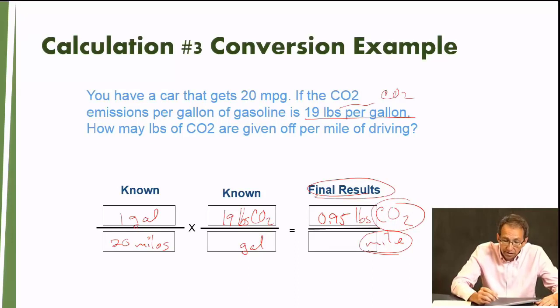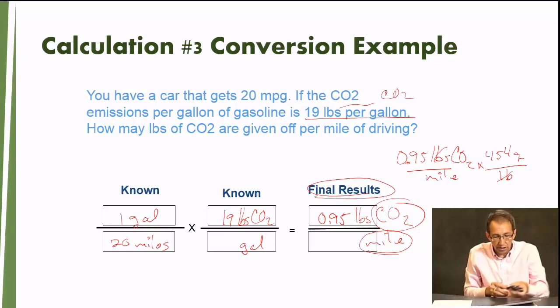Now I can add on to this and say we're usually doing grams, right? So 0.95 pounds of CO2 per mile, and then I say I know that there are 454 grams per pound. So pound cancels, now I get grams of CO2 per mile.